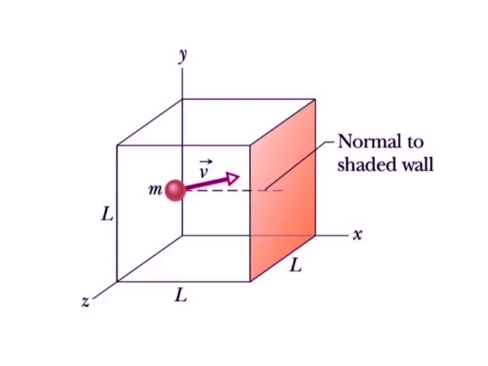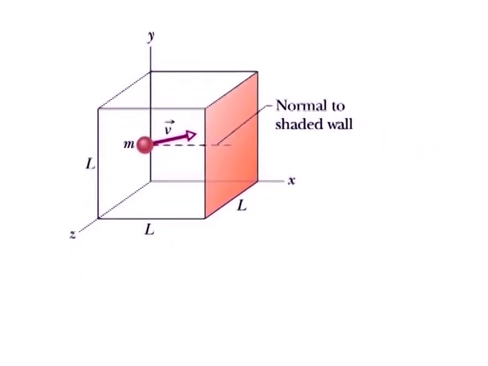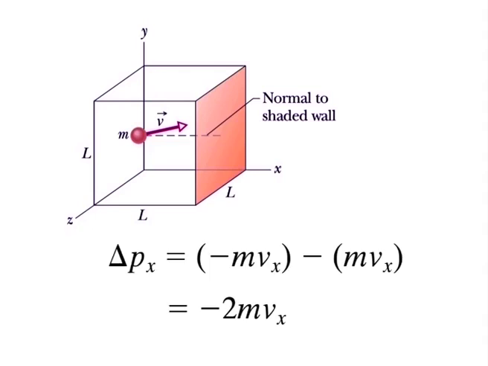This means that the only change in the particle's momentum is along the x-axis, and that change is delta px, which is equal to minus mvx minus mvx, that is, minus 2mvx. The molecule will hit the shaded wall repeatedly.